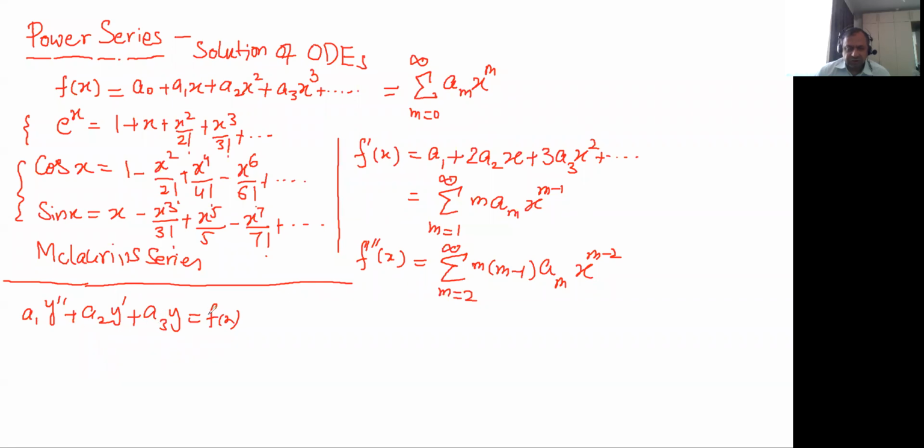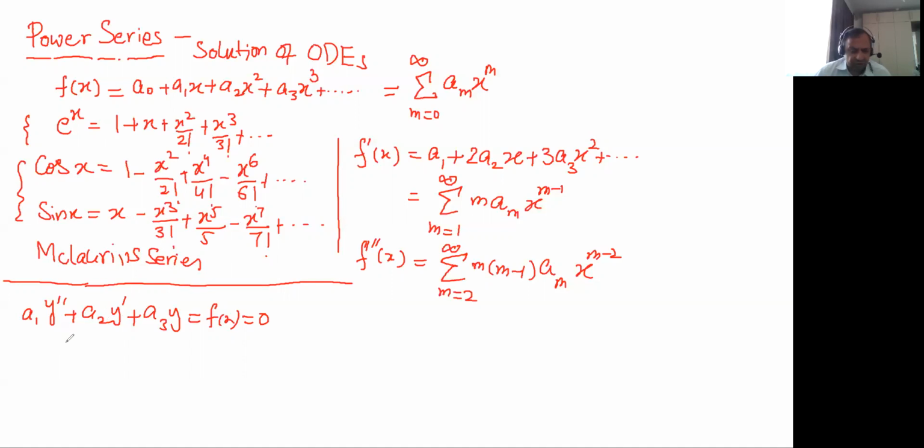If, for example, this is equal to 0, the solution will be given by the roots of the characteristic equation. However, for certain equations, where the coefficients are not constant, where the coefficients are variables in x, it is not possible to find an analytic solution.